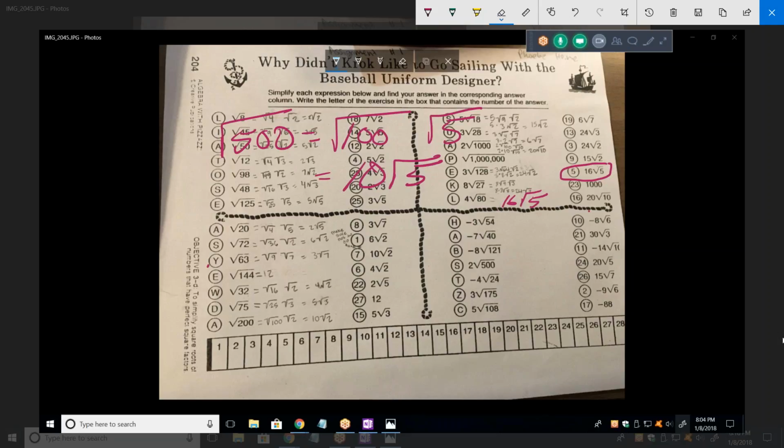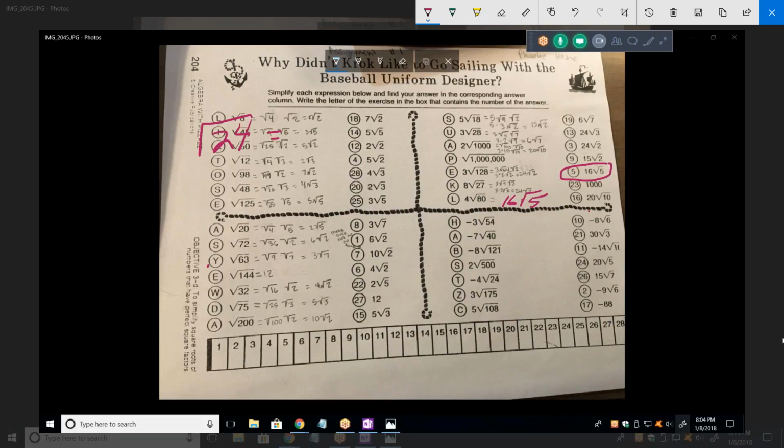Okay, how about the next one? In other words, what am I going to solve first? Radical sign 24. Okay, what's that going to be? 6 and 4. So tell me what that's equal to. 3 radical sign 4.